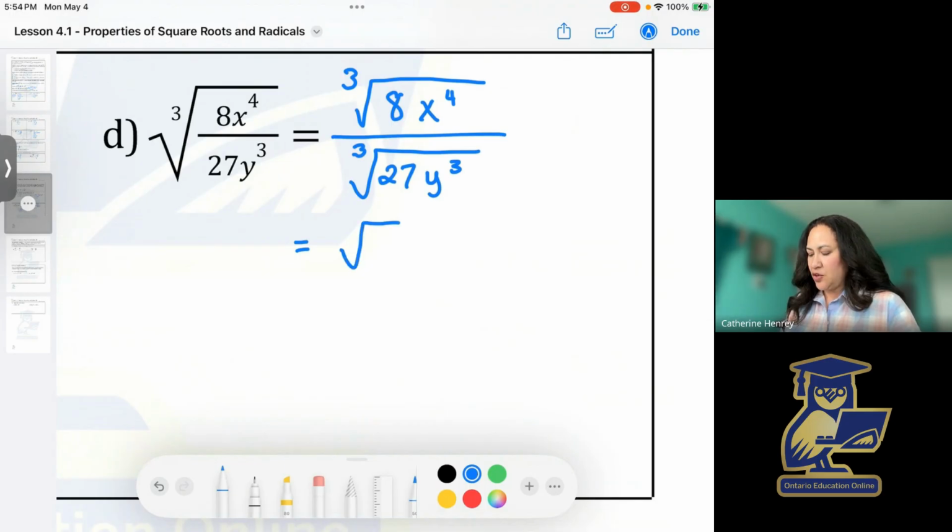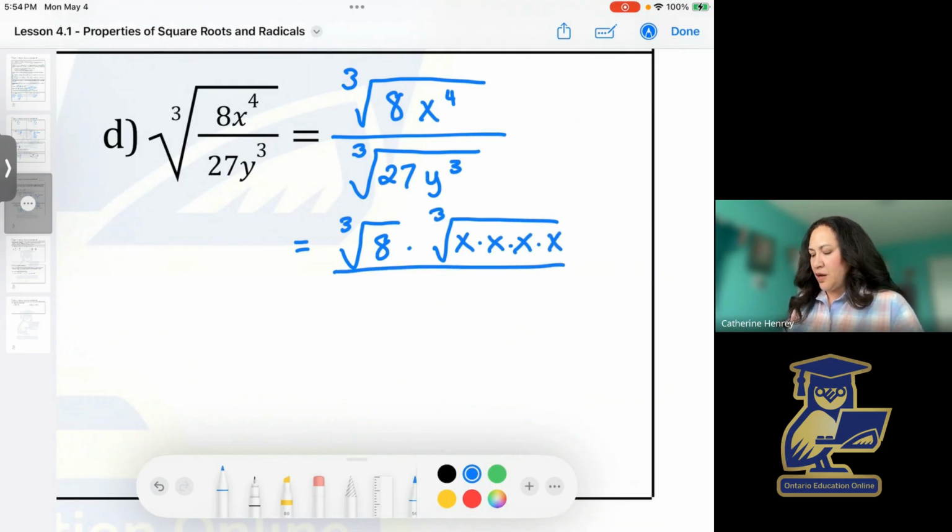So we have the cube root of 8 times the cube root of x times x times x times x, all divided by the cube root of 27 times the cube root of y times y times y, y cubed.